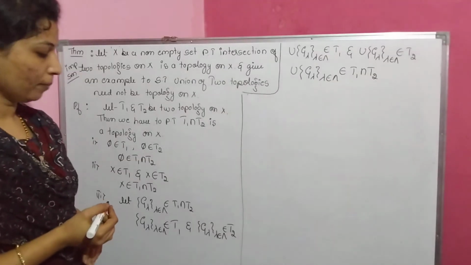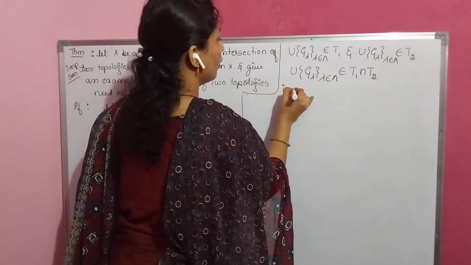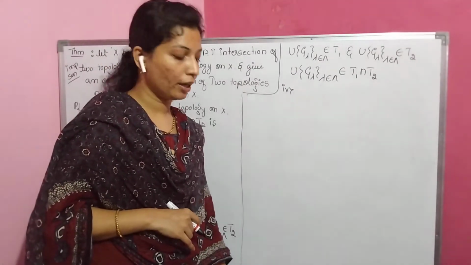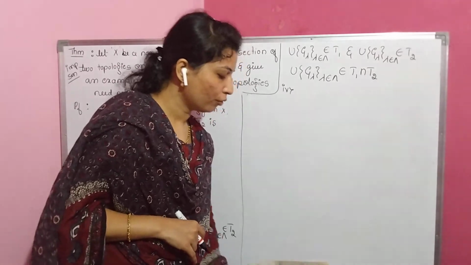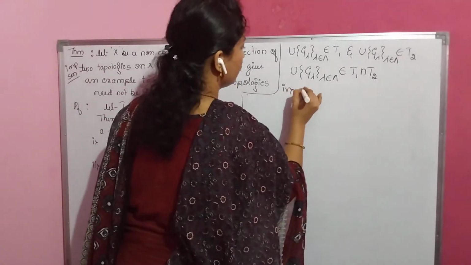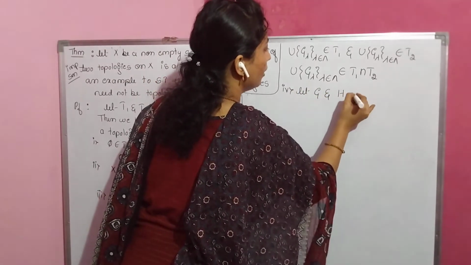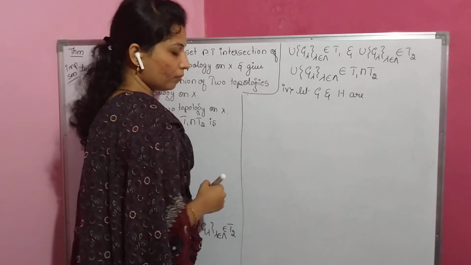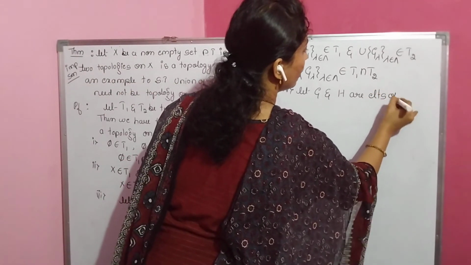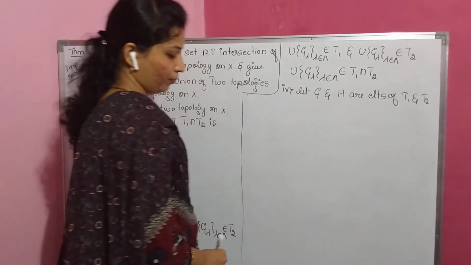T2. Okay. Then next, for the fourth condition, finite intersection of two members of T is again a member of T. So for that, here we consider two sets. Let G and H be elements of T1 and T2.